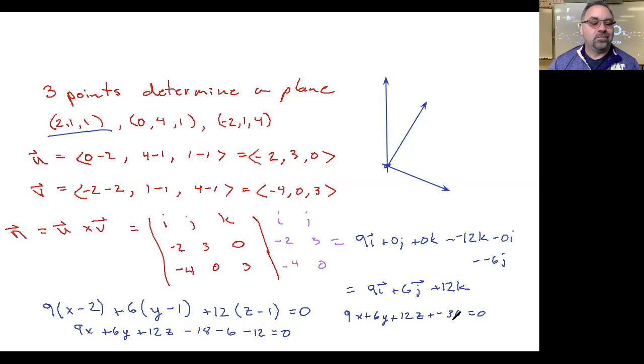And look, they're all divisible by 3, right? So divide by 3 just to get it in simpler terms. There we go. And that's our plane equation.